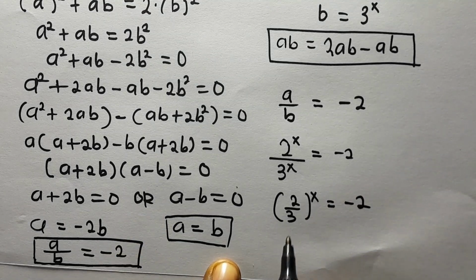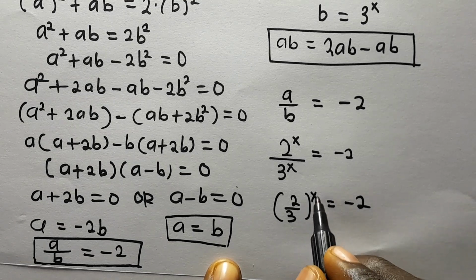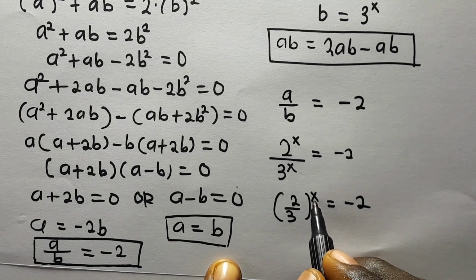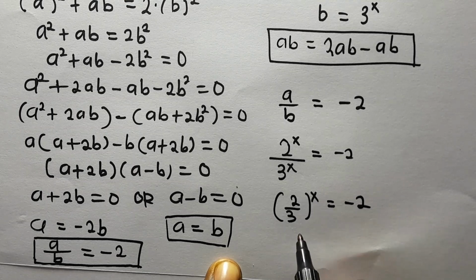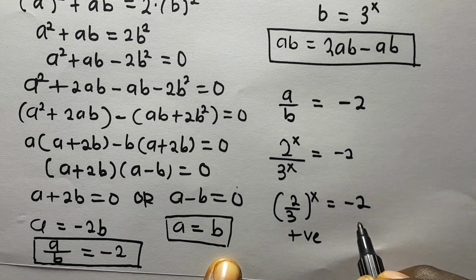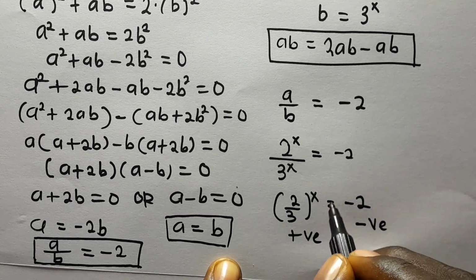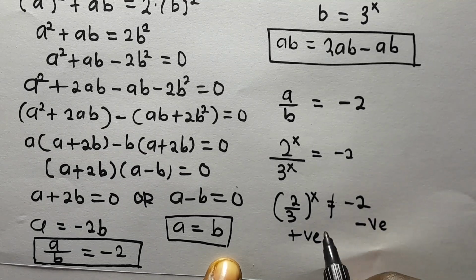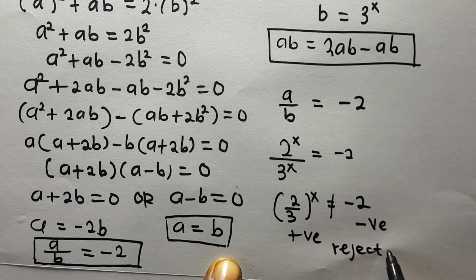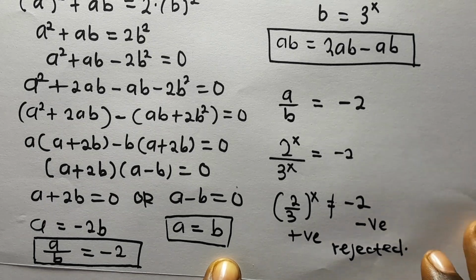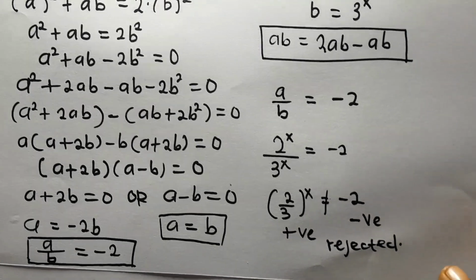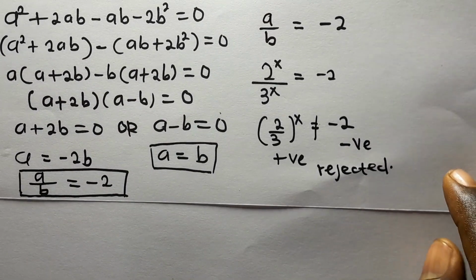And from here, we believe that no matter what the value of x, here is positive and here is negative. So which means that we reject this expression. This is not supposed to be.